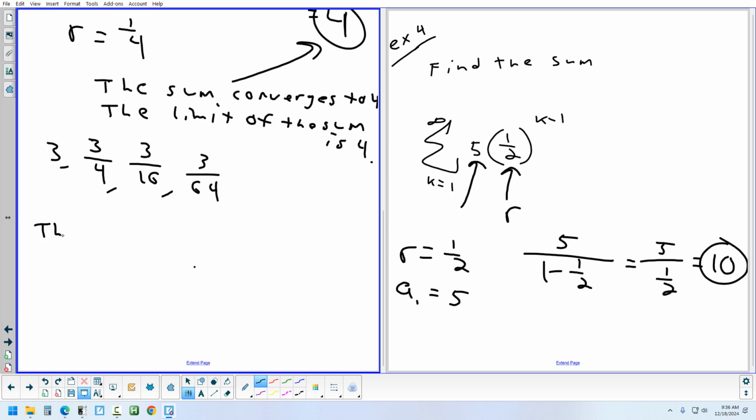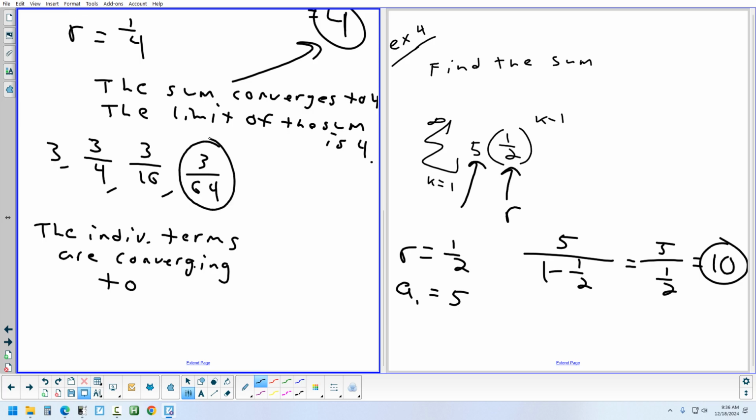The individual terms are converging to, don't add them up, just look at what's happening to each term. What is the term getting closer and closer to? 0.